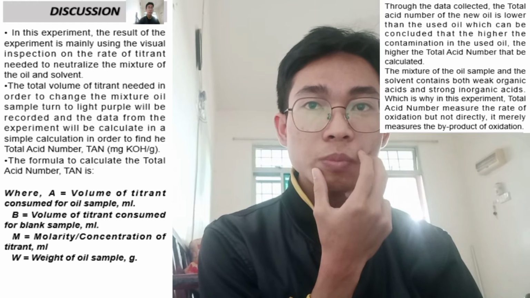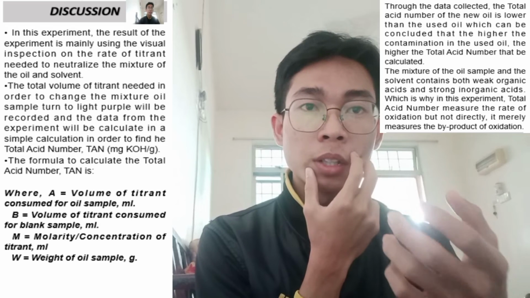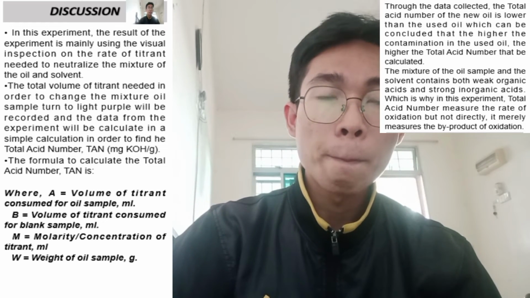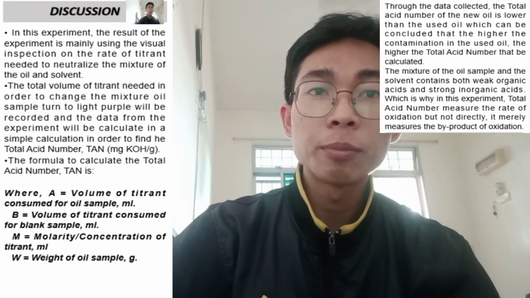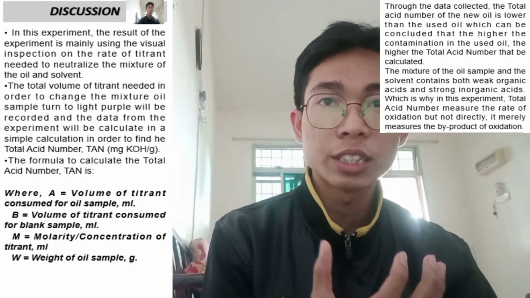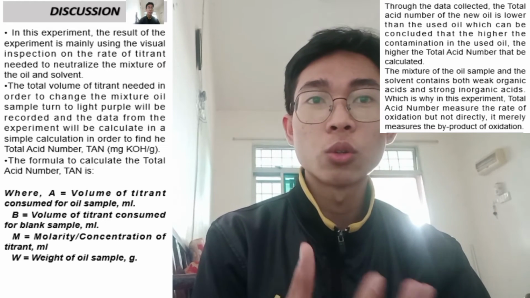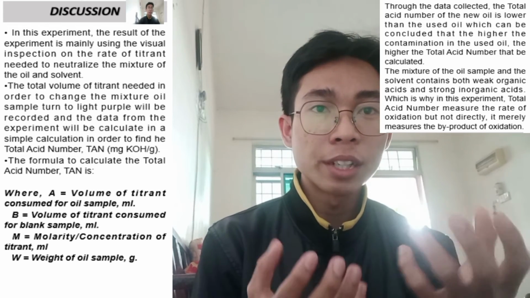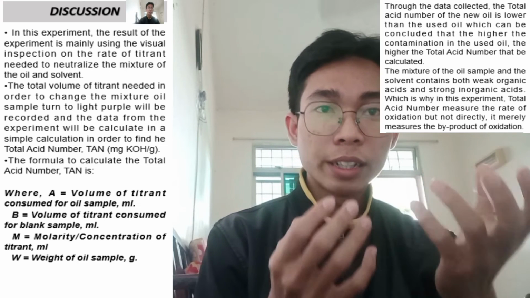So we just drop the titrant into the mixture of the oil and solvent. So the data just measures the rate of oxidation, but not directly. We don't know the chemical reaction in it. We just know, but do not directly calculate it.